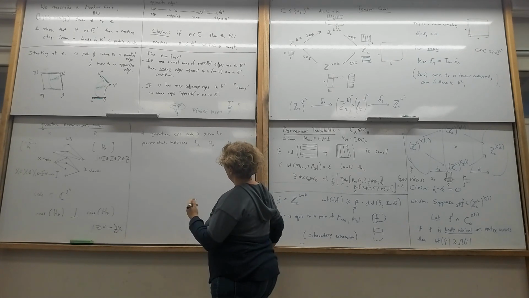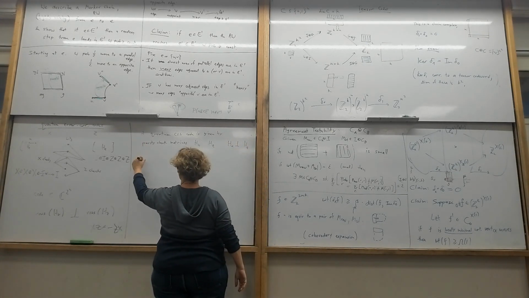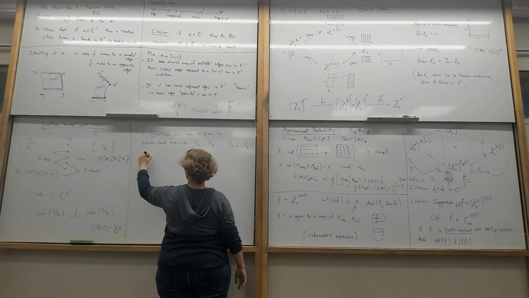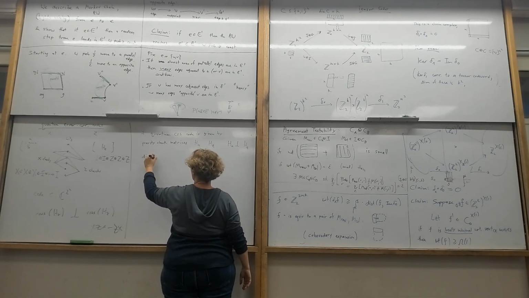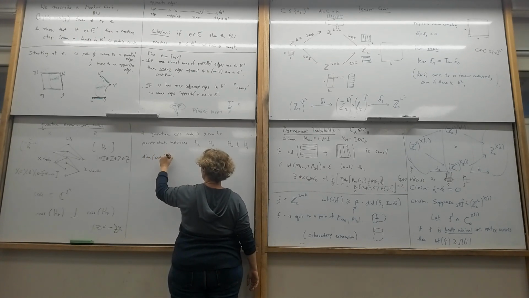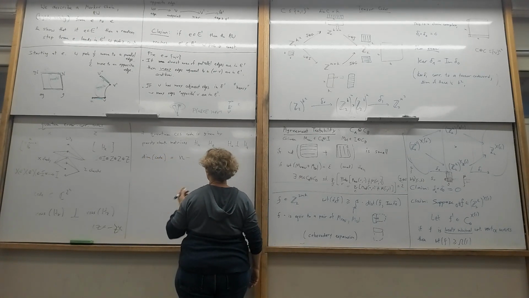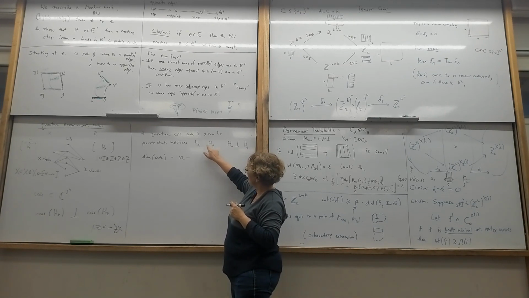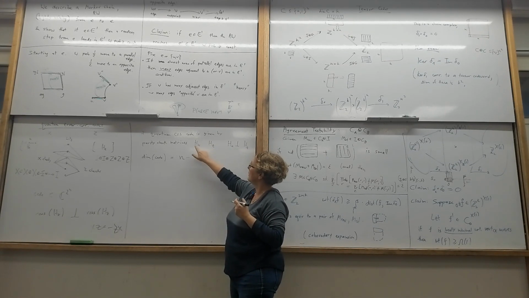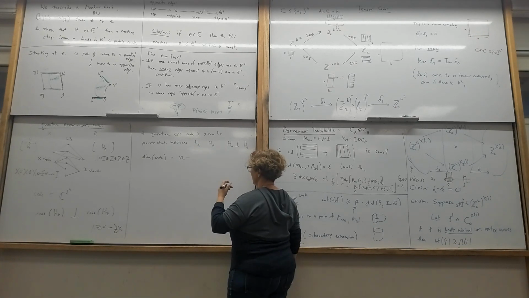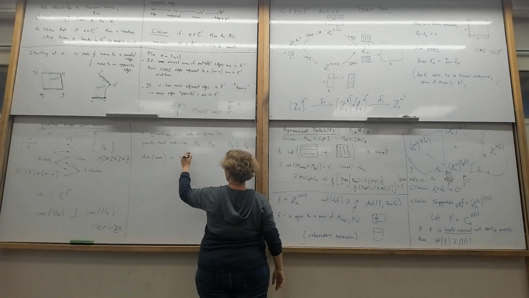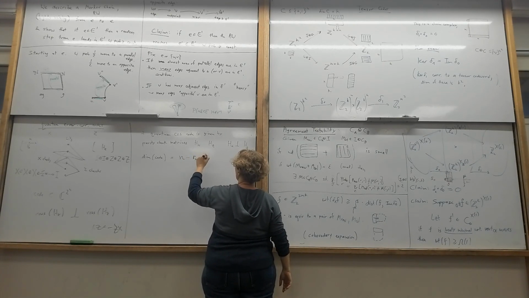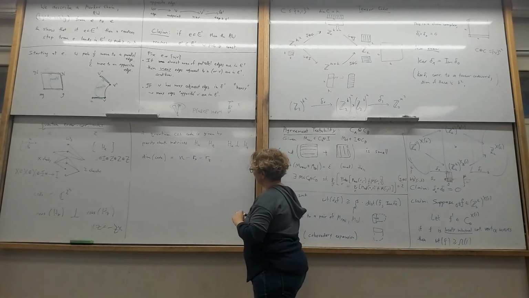And we have the following thing: the dimension of the code is equal to the number of qubits minus the number of constraints. So how many constraints do I have? The number of linearly independent rows here, and the number of linearly independent rows here. So minus Rx minus Rz. That's the dimension of the code.